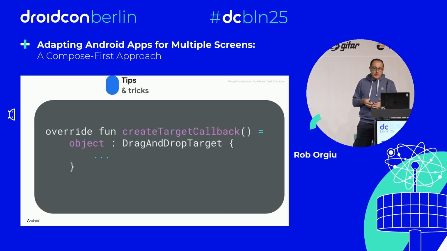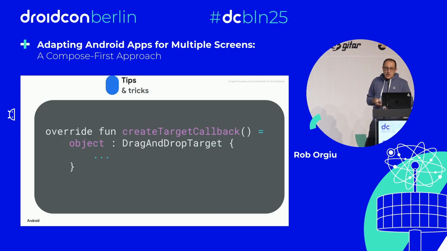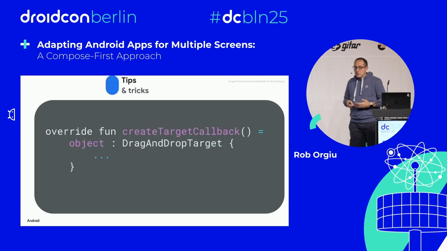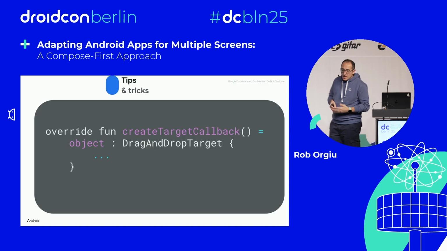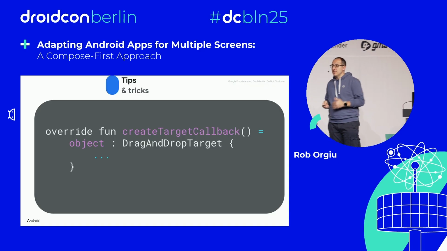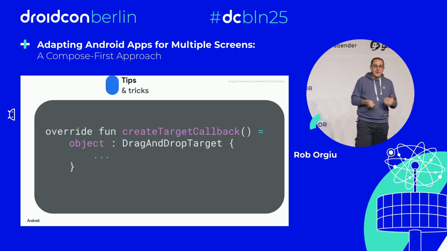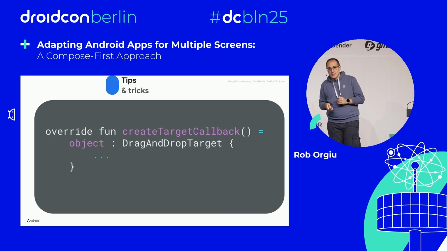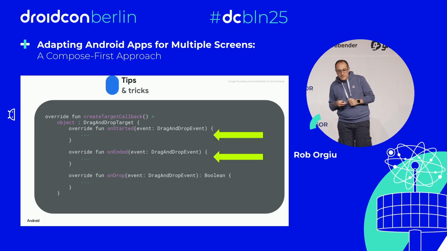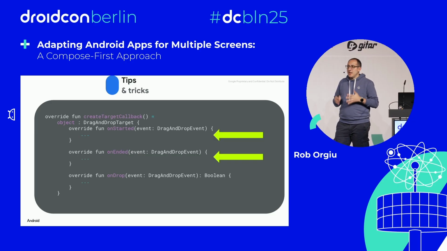Once the drag and drop action is accepted with the method that we just saw, we need to define how our app will react. And we use the DragAndDropTarget interface. This interface has a few very interesting methods, which can help us define our UI and our behavior.